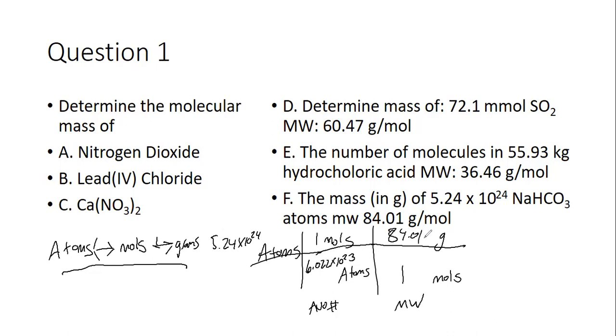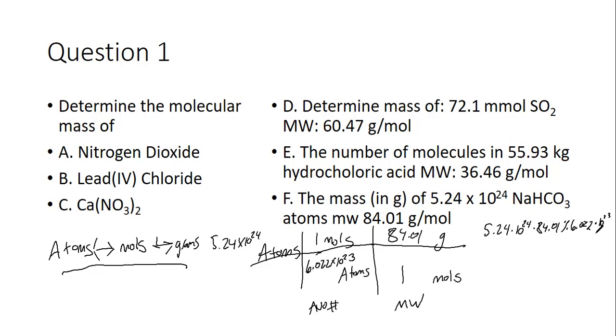Now, here's a thing that people will probably mess up the first time you do it, and that's using your calculator to do this. You're going to type 5.24 times 10 to the power 24 times 84.01 divided by 6.022 times 10 to the 23.